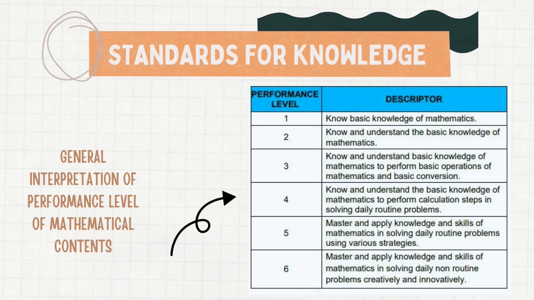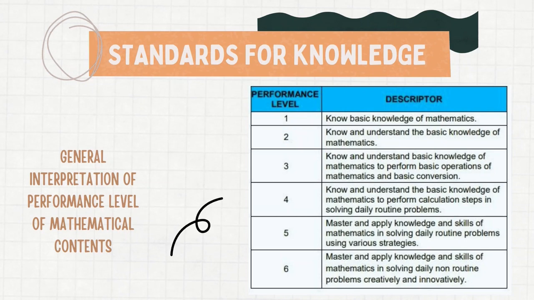For your information, each performance level in the table represents each level in Bloom's taxonomy. For instance, level 4, which students are required to achieve, represents the 4th level of Bloom's taxonomy, which is analyzing. This means students should already have achieved the first 3 levels of Bloom's taxonomy, which are remembering, understanding, and applying the basic knowledge of the particular mathematical content.